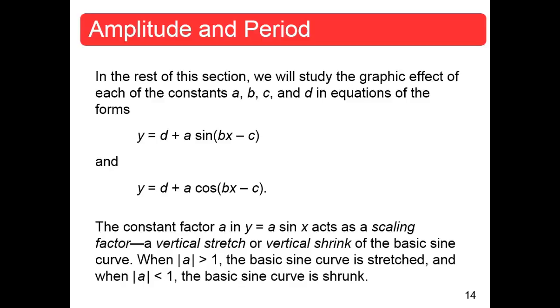So A, B, C, D. So they put the plus D in front. Well, that's the last thing we're going to talk about. But we're going to do it. And then we'll also do y is equal to D plus, or plus D, A cosine Bx minus C. I'll do a plus D down here. And we'll talk about what each one of these does.